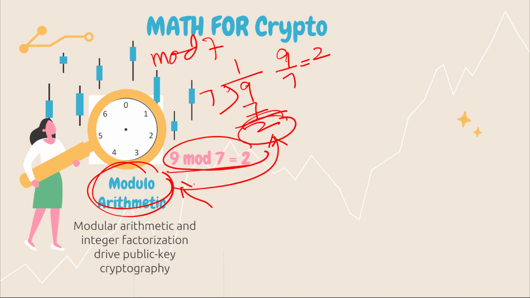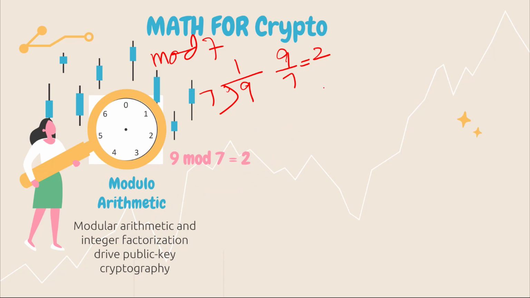But when you join modular arithmetic with integer factorization, this is what drives public key cryptography, especially in RSA.